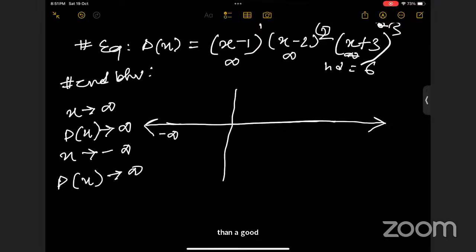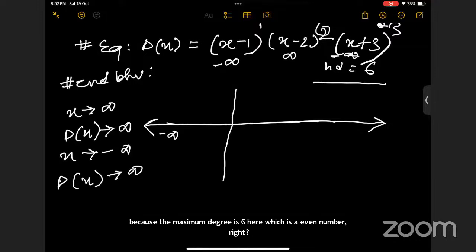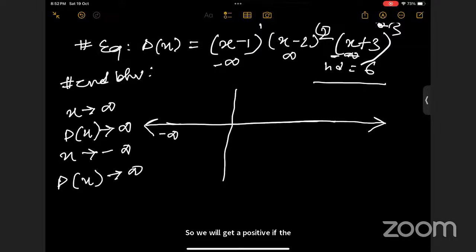From this factor we will get a minus. From here we will get plus, and from this we will get a minus. So if we multiply that, we will get a positive infinity. Also we can check because the maximum degree is 6 here, which is an even number. If the maximum degree is even with a positive coefficient, then we will get a positive behavior, right?